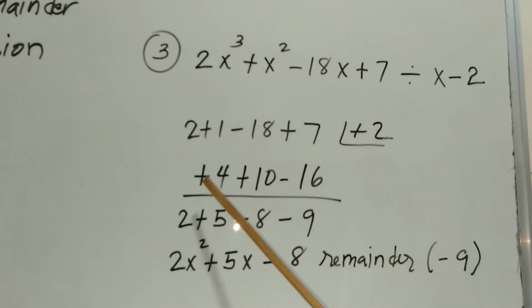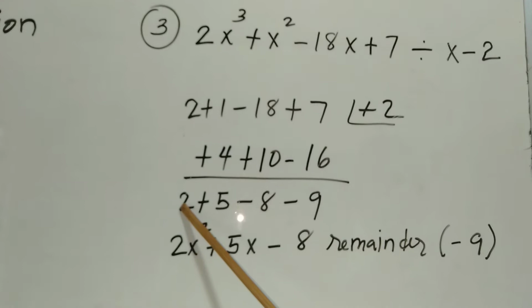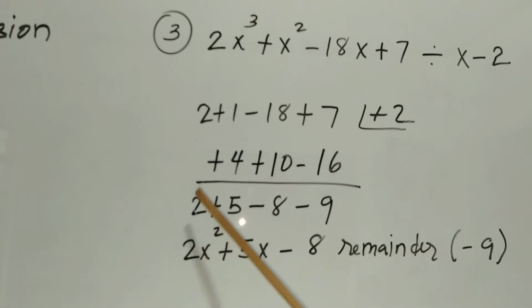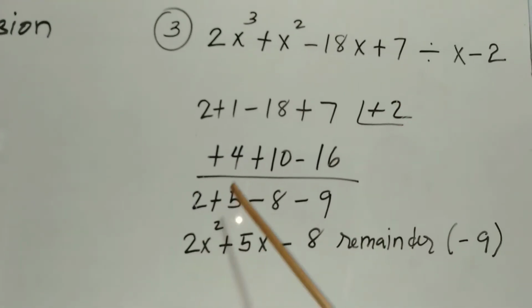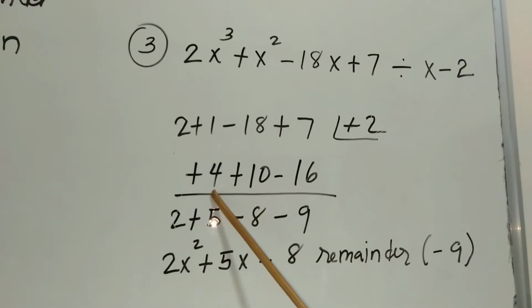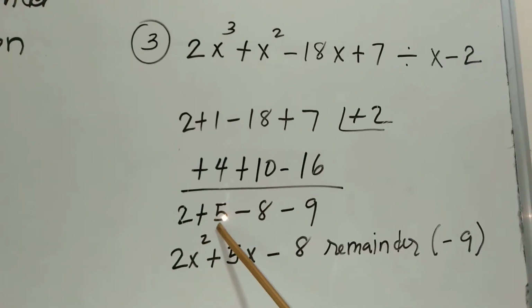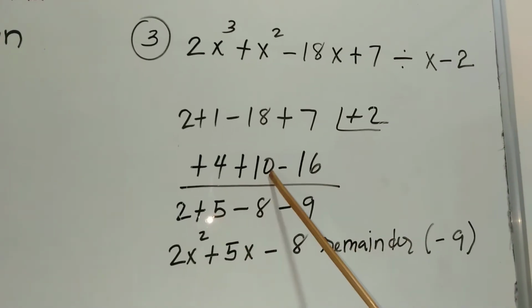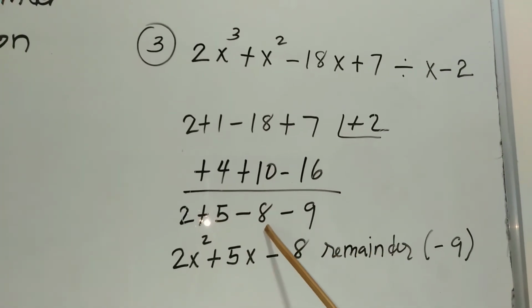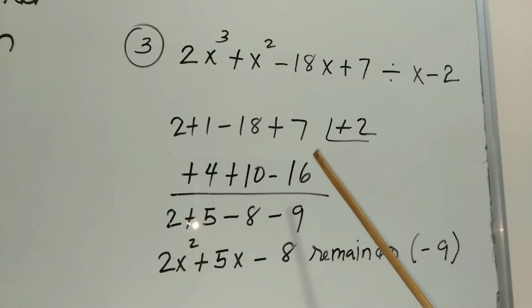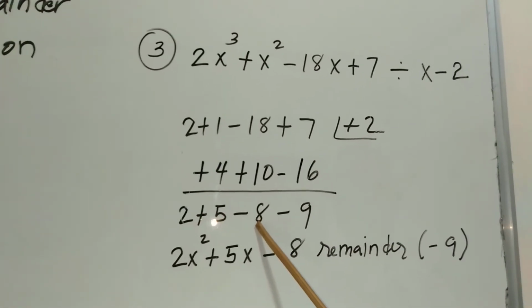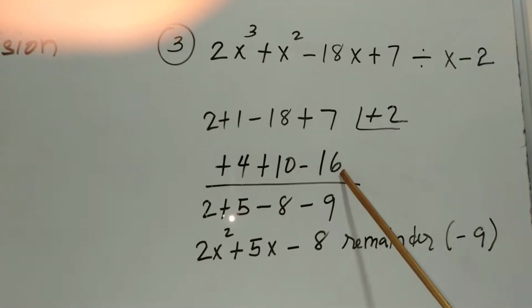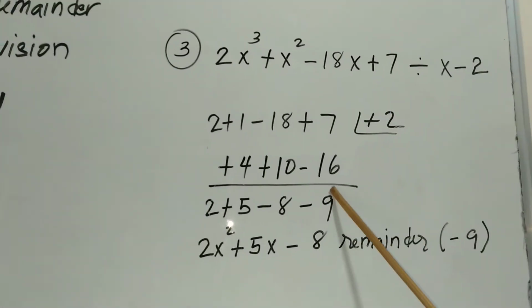We bring down the leading coefficient 2, and then multiply it by 2. We get 4, then add, we get 5. Multiply 5 by positive 2, we get 10. Add, we get negative 8. Then we multiply negative 8 by 2, we get negative 16. Then when we add, we get negative 9.